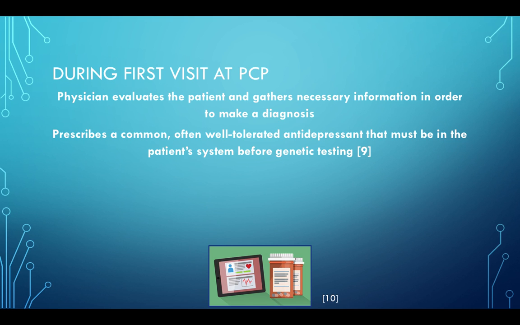So it could be that the patient needs a higher dose or a lower dose depending on their metabolic rate. The antidepressant would need to be in the system before genetic testing, and there are some well-tolerated antidepressants that have a record of having very low side effects.